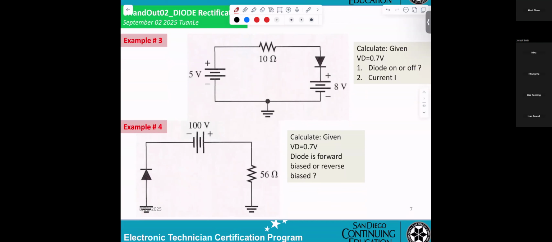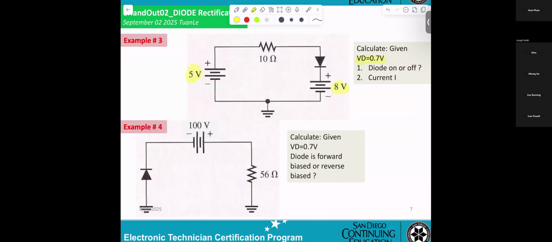Okay, now next, example number 3. Input 5 volts here, positive, and another one, 8 volts. Given VD equal to 0.7 volt.